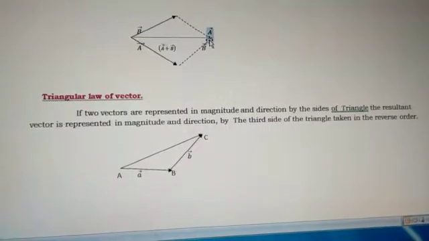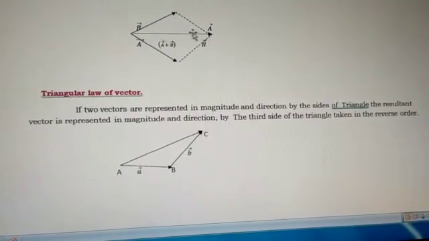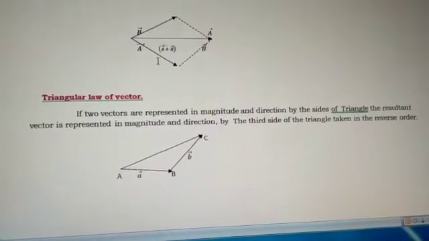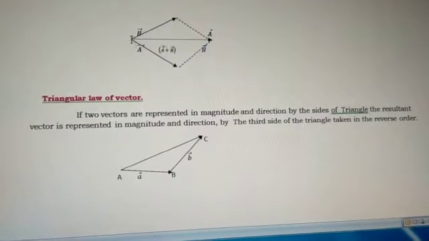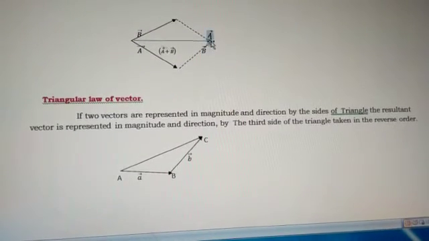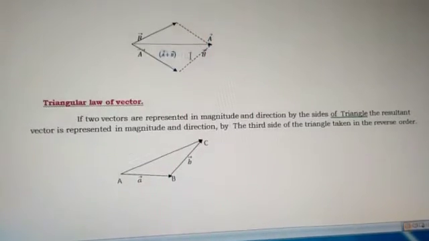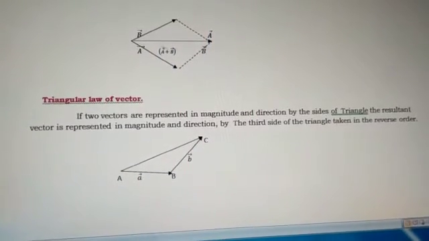So the resultant is always represented along the diagonal. Therefore, for vector A plus vector B, R is the resultant vector, which is A plus B. So what is the parallelogram law of vectors?